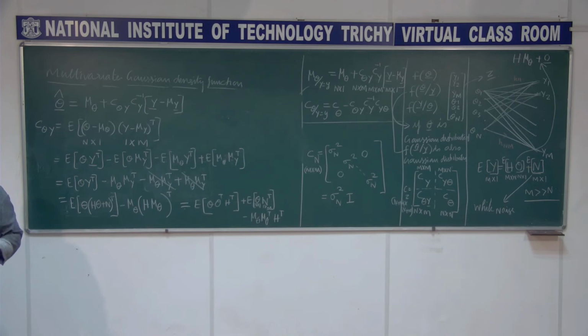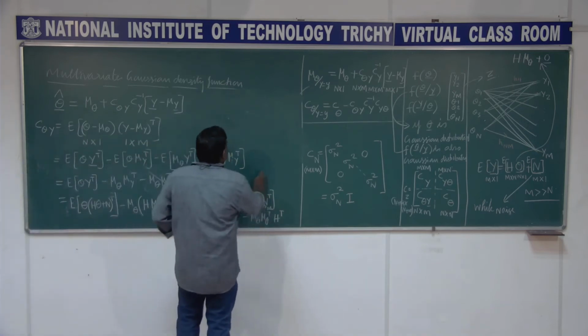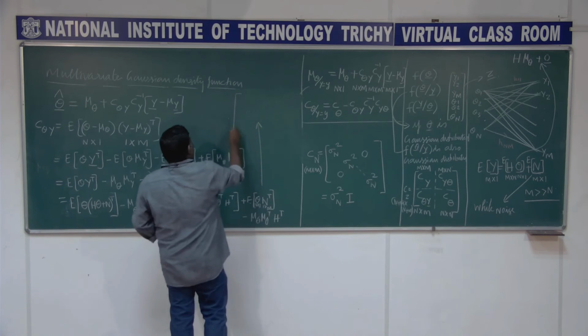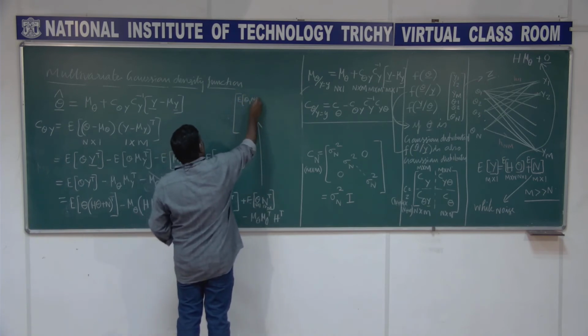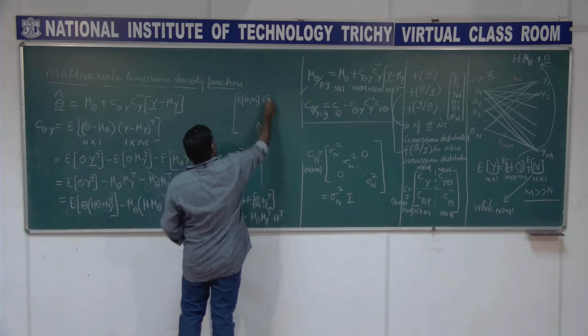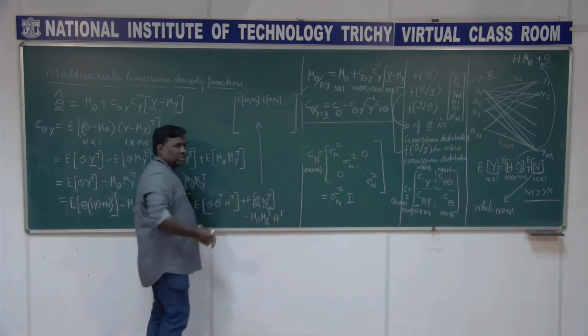Theta 1 and n1, isn't it? So this is nothing but a matrix in which the first element is the expectation of theta 1 n1, and this one is the expectation of theta 1 n2. It goes in this way, that is the meaning of it.